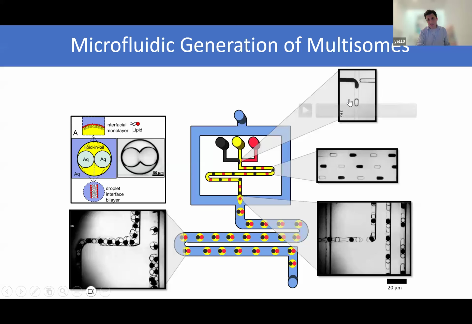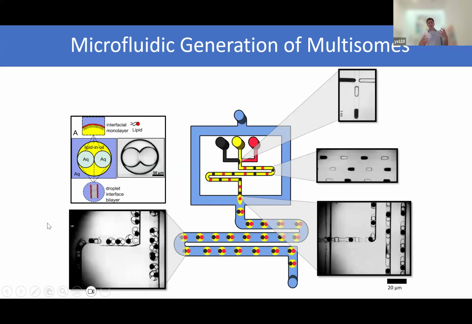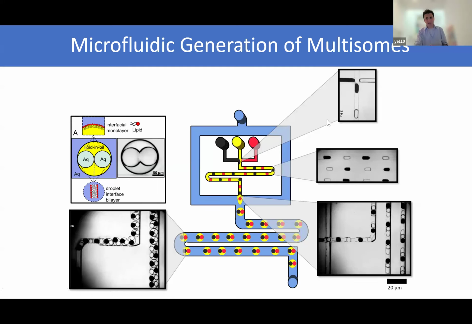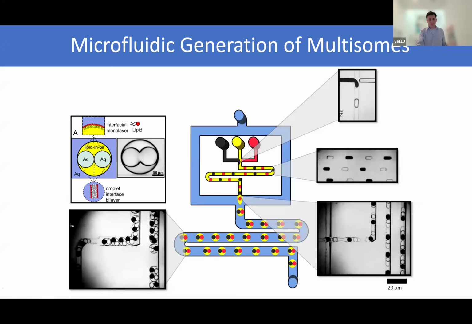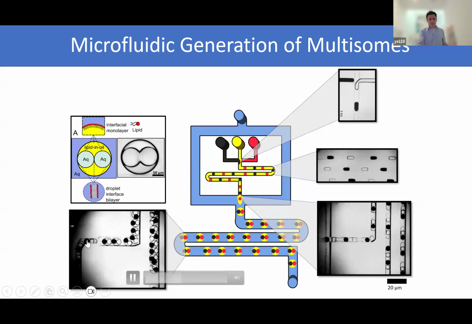Another type of device early on, which we use to make what are called multisomes. It's basically an assembly line, where in the first part of the assembly line you form a white droplet and a black droplet alternating, and then they flow through this meander, and then they get encapsulated in the second junction, and this is the product.